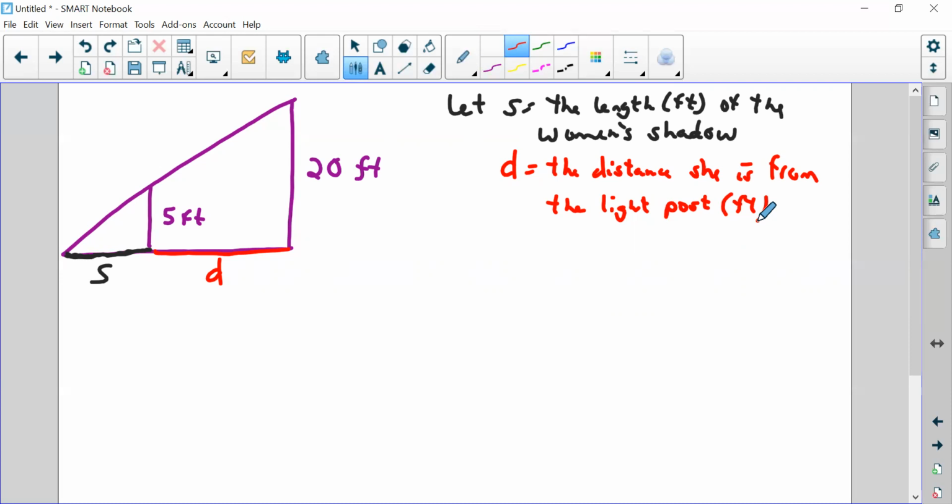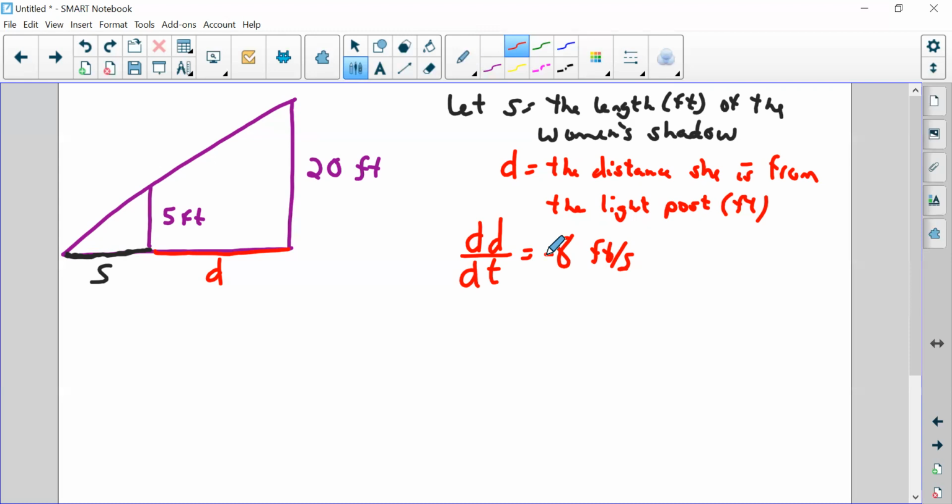So we know the rate of change of the distance she is from the light post is 8 feet per second. And she's getting closer and closer, so that should be negative. Negative 8 feet per second. Our distance is decreasing.